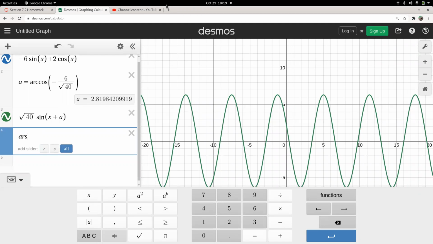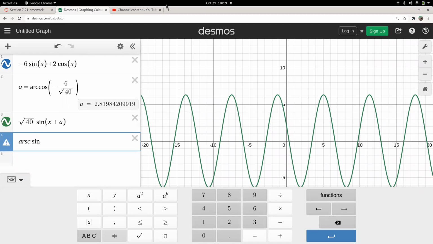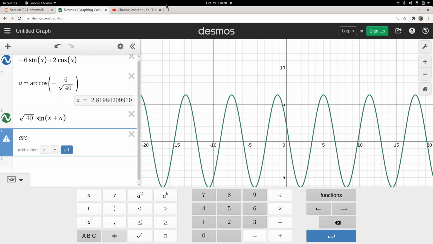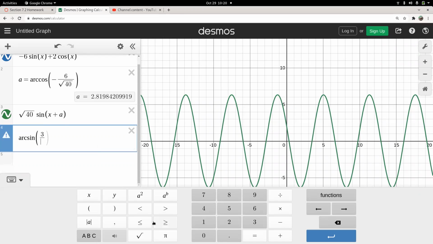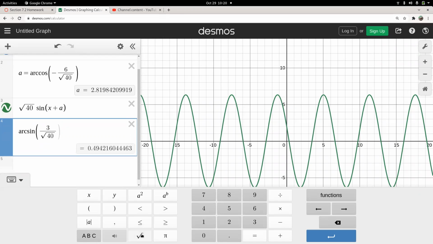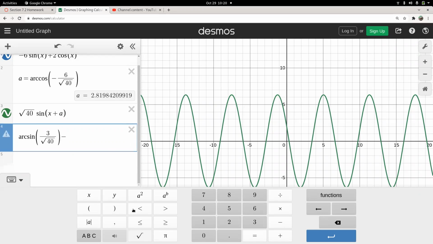So arc sine of 3 over the square root of 40 minus that value for phi I have up here, which I'm currently calling A. It does end up being a negative number. Yeah, so that must be this solution right here.